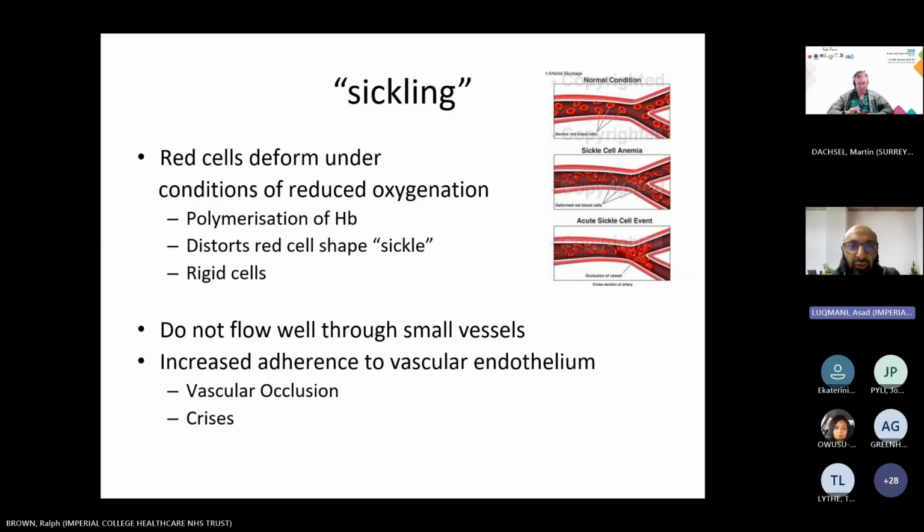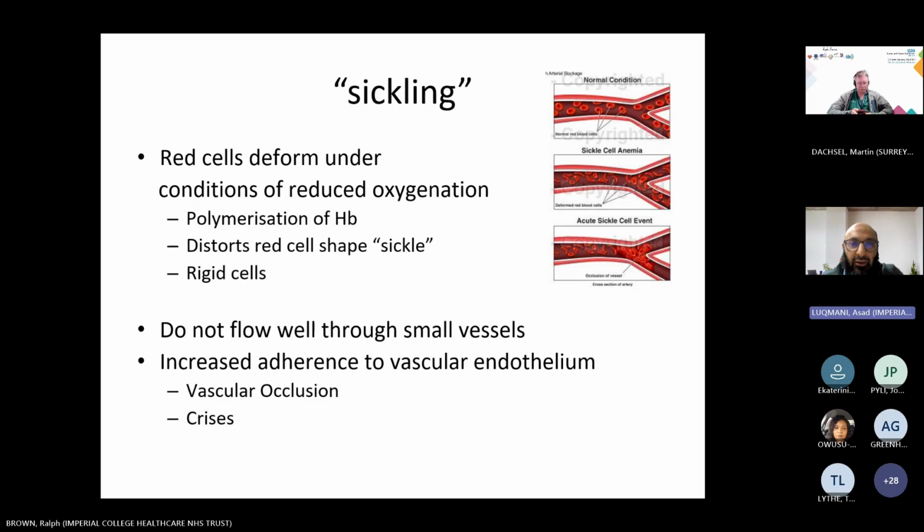That causes distortion of the red cell shapes, leading to the classic rigid sickle cell shapes that we all know of. These get obstructed as they flow through the microvasculature and stick to the vascular endothelium, causing vaso-occlusion and the crises, which we'll go on to talk about.